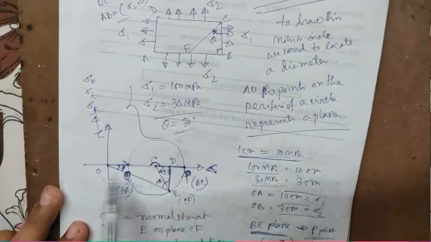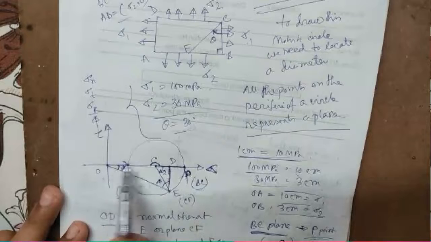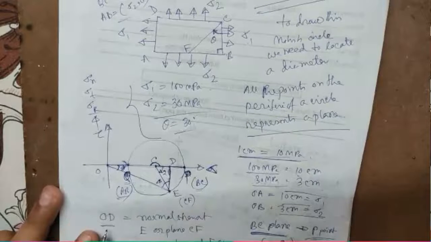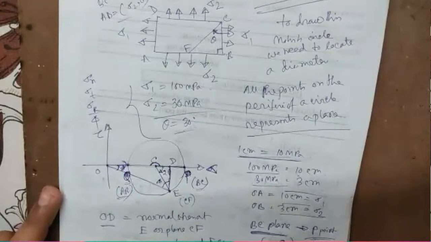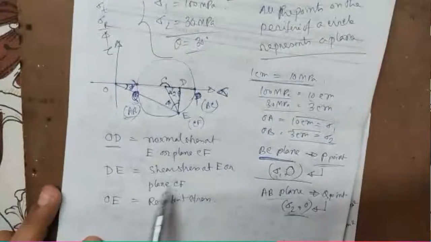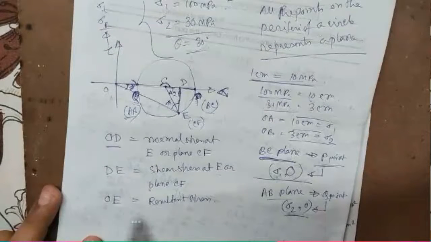OD represents the normal stress on plane CF, DE represents the shear stress, and OE represents the resultant stress.